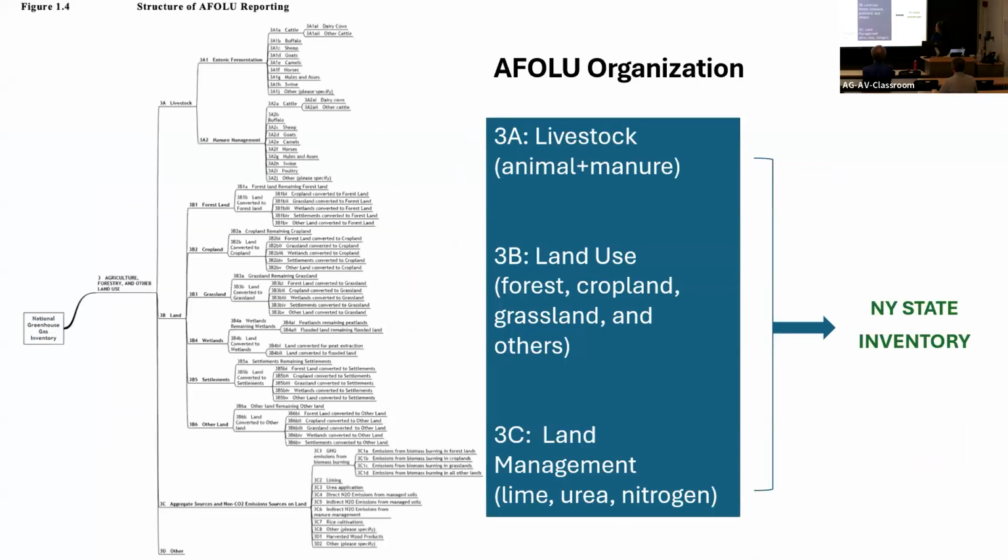Okay, so the scope of the analysis. This is impossible to read, but this is the AFOLU structure, right? And this is how they're breaking out all of the different components of the accounting framework.